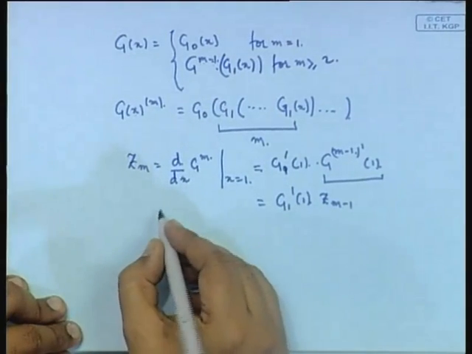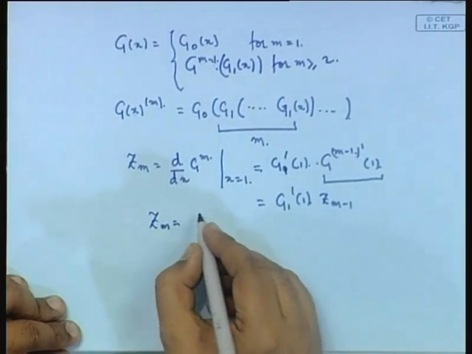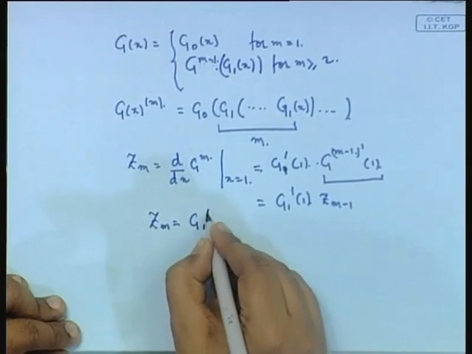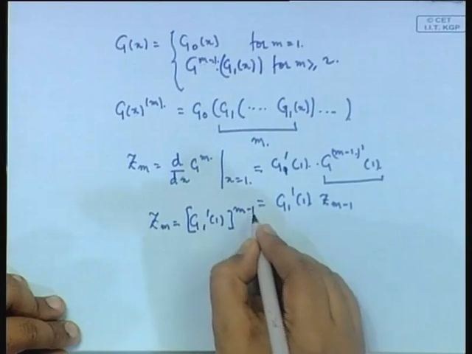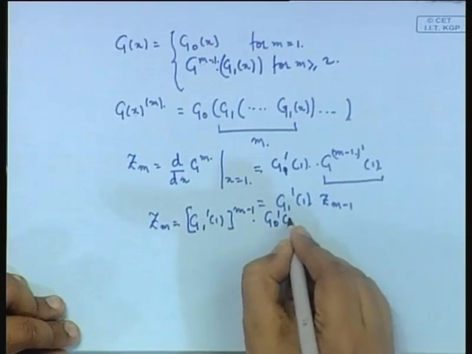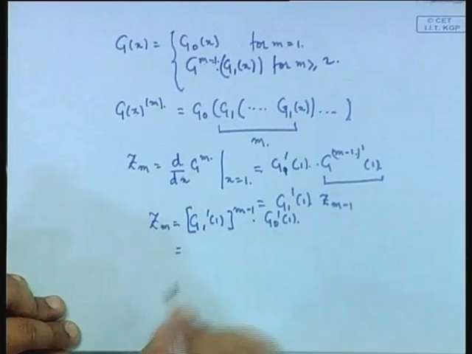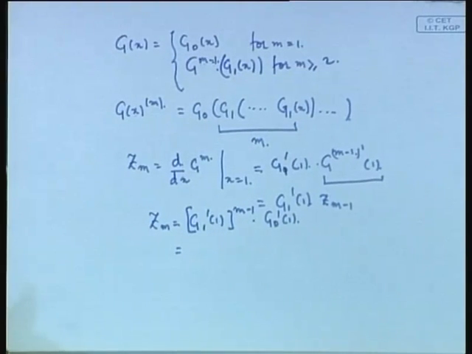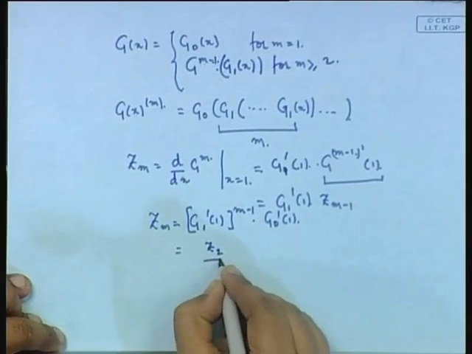This can be done recursively, and what we will get is G1 dash 1 to the power m minus 1 and G0 dash 1, and G1 dash 1 is Z2 by Z1.